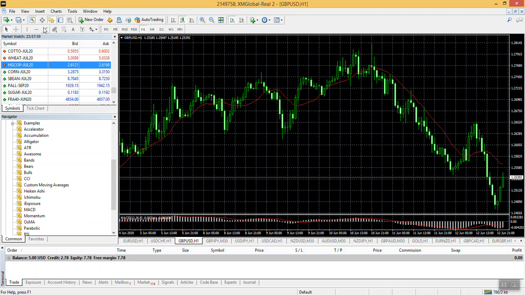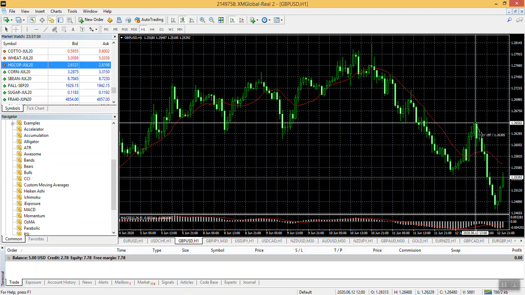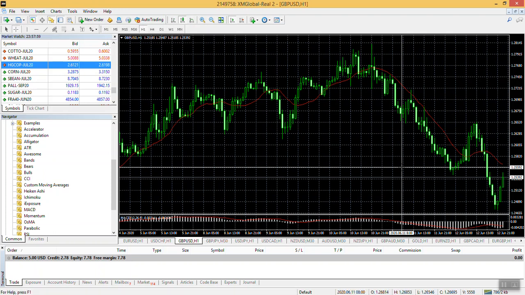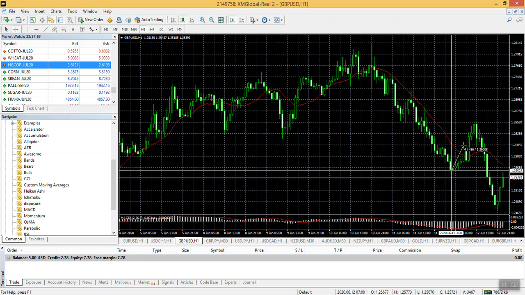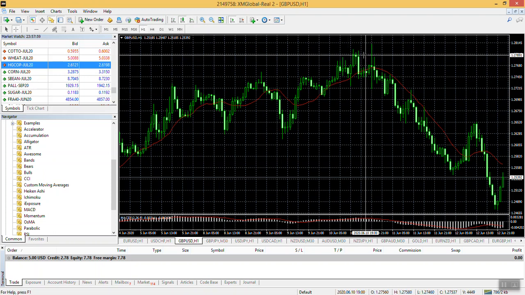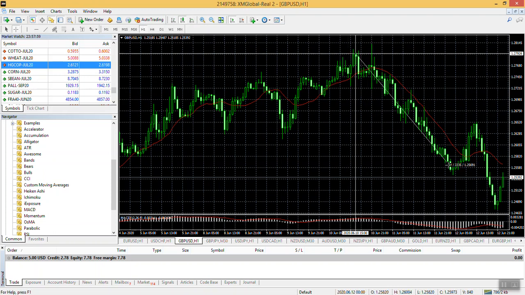From this place, the price fell. Look at it, it fell to this point. A fall in price is what we call bearish. Then we have another bullish move here, from here to this place. And from here to here, this is what we call a bearish move.